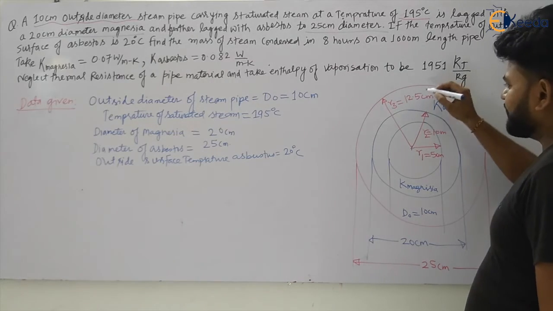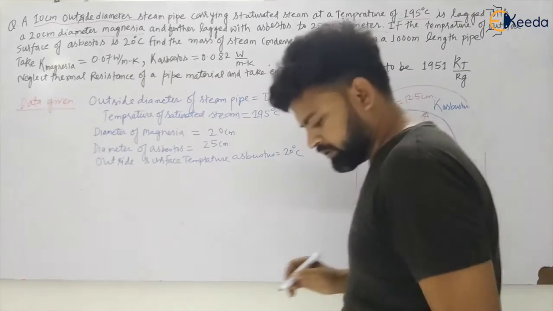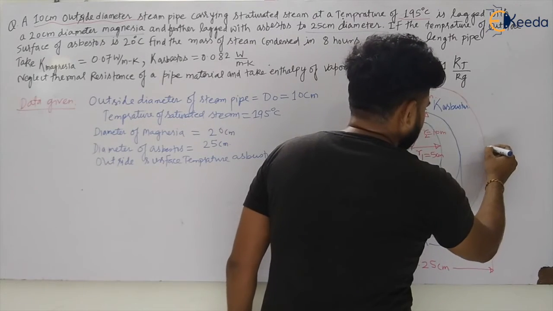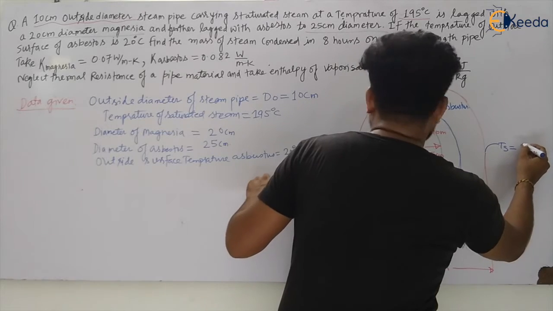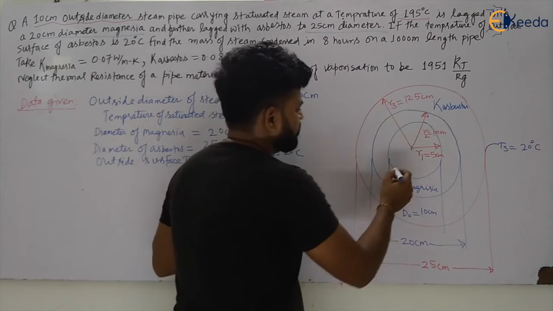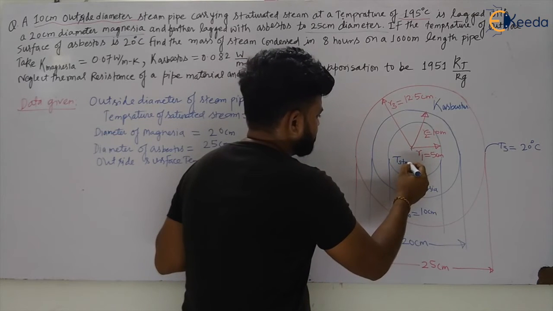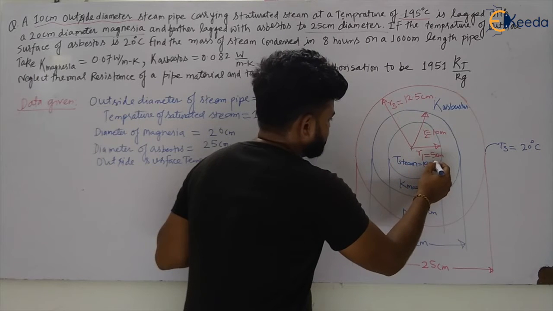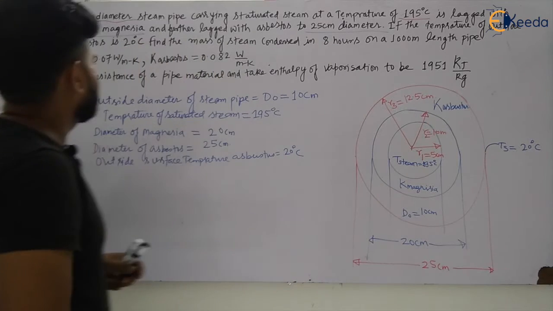Now they have given the temperature, that is the outside temperature. This is the surface temperature of the asbestos, which is 20 degrees Celsius. And they have also given the inside temperature of the steam, the saturated steam temperature, which is 195 degrees Celsius. Okay, my dear students.